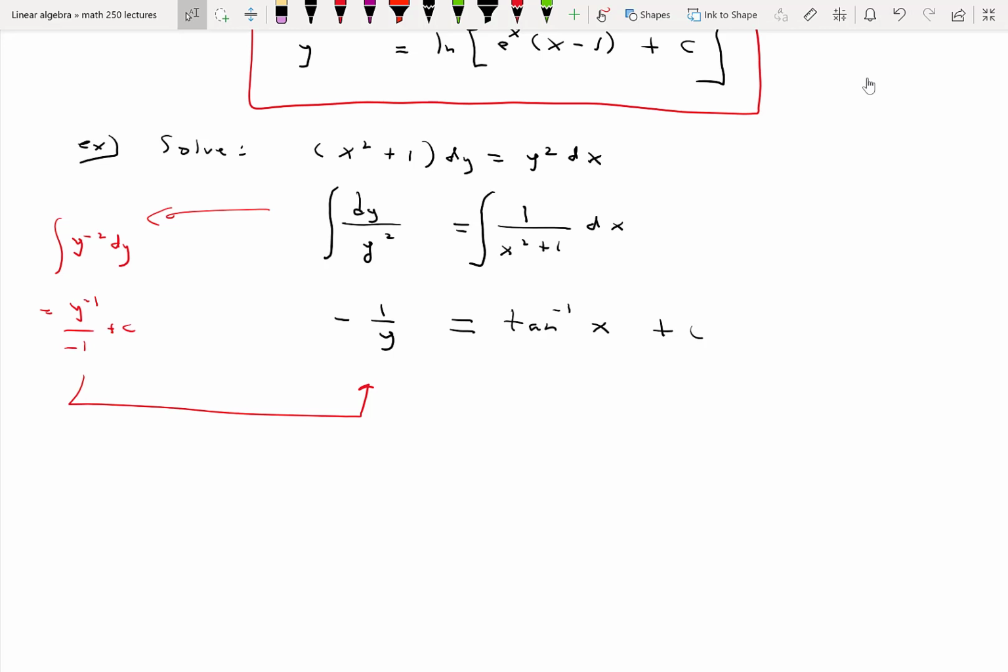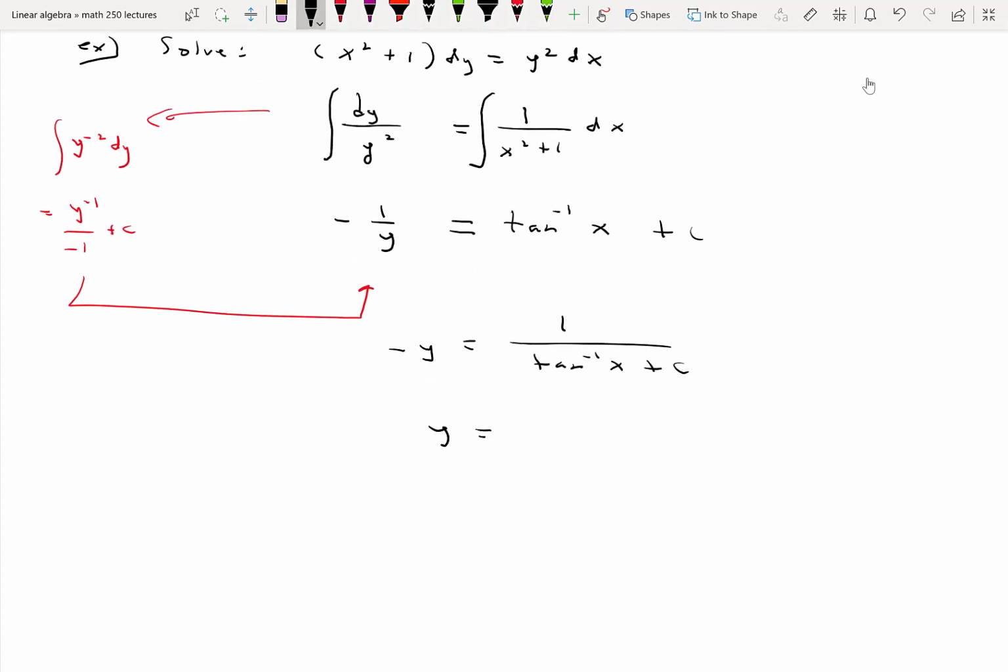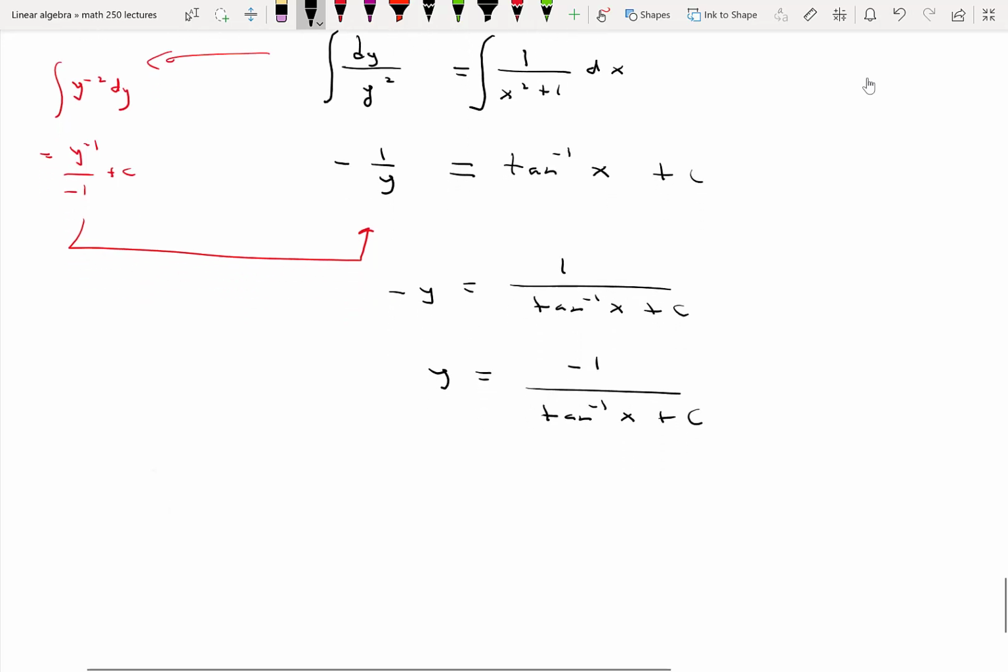So if we take the reciprocal of both sides, we get minus y equals 1 over inverse tangent x plus a constant. Multiply both sides by negative 1, and you get y equals negative 1 over the inverse tangent of x plus c. Now, I'm going to ask you a real quick true or false question.